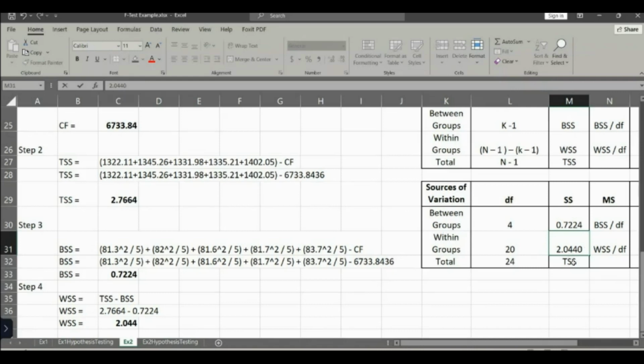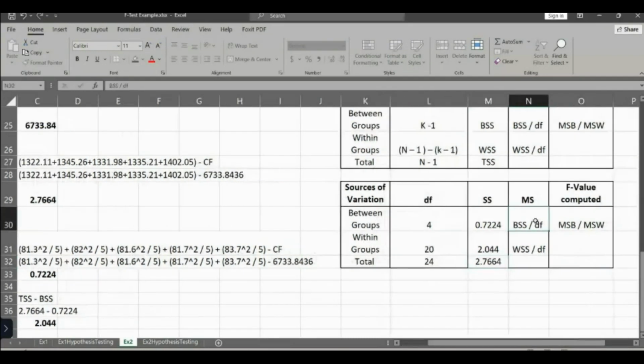By writing it in 4 decimal places as well. Next, we have the total sum of squares. We have 2.7664. Okay.